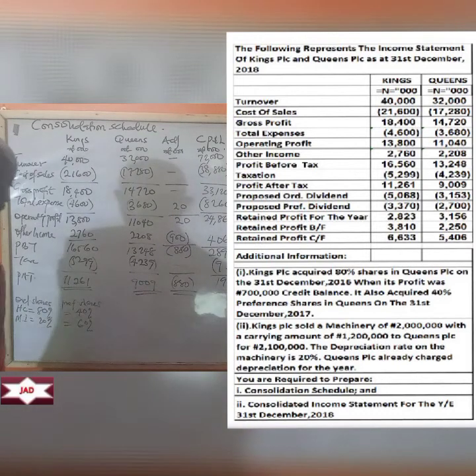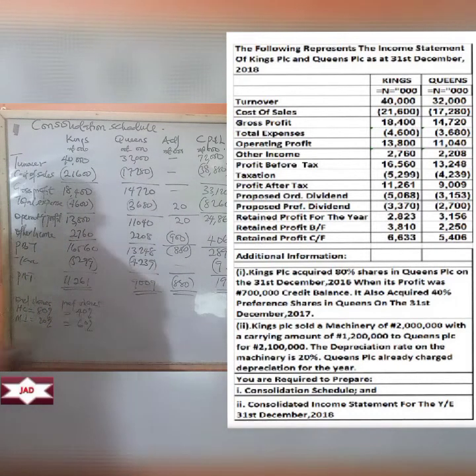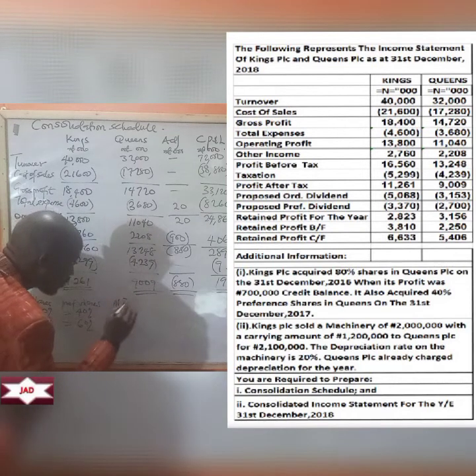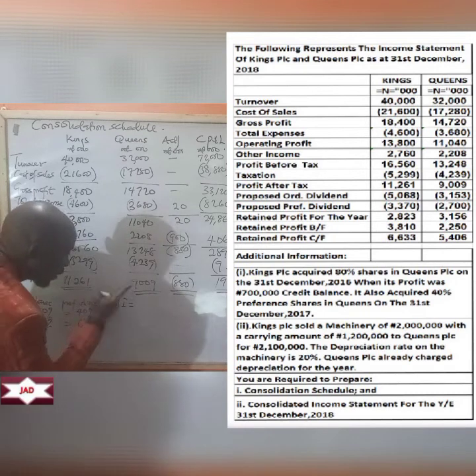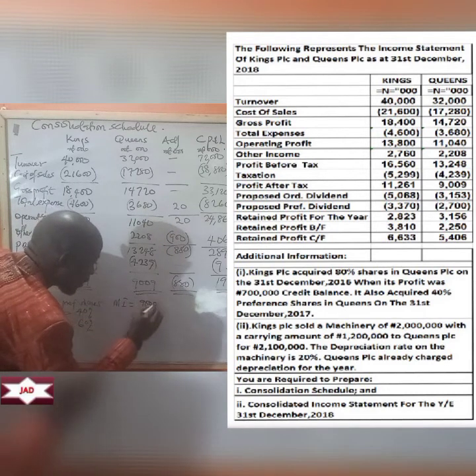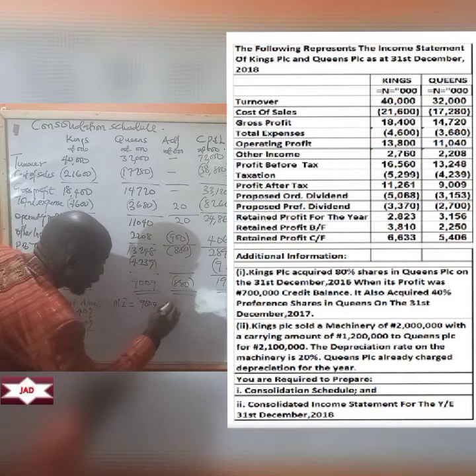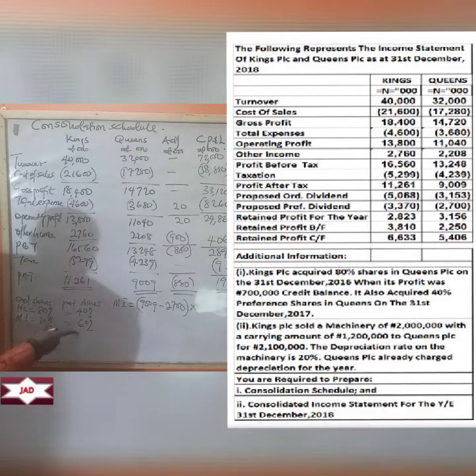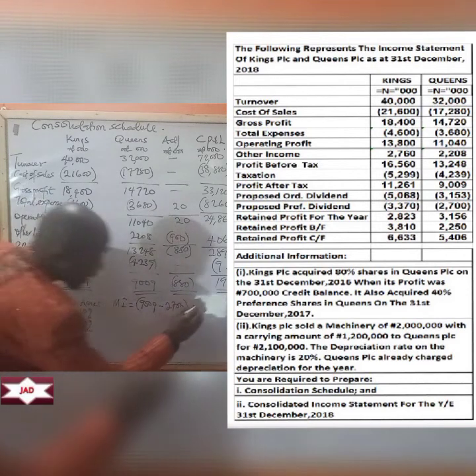So we have minority interest to be this, minus 2,700 times 20% here.